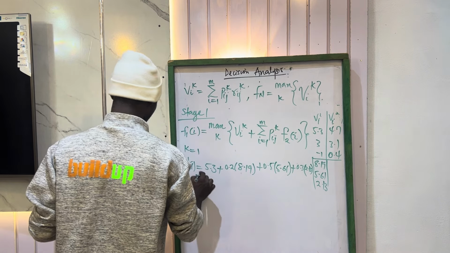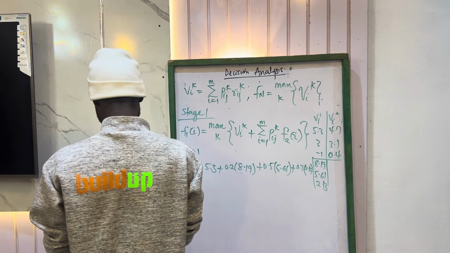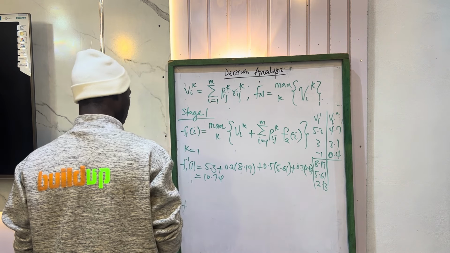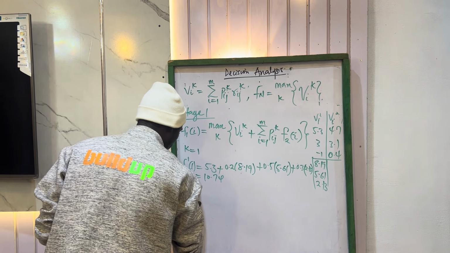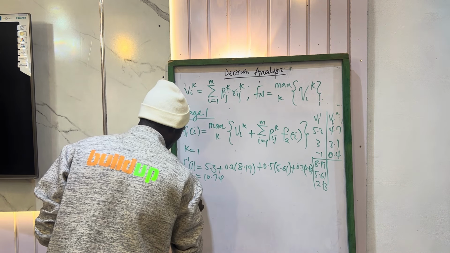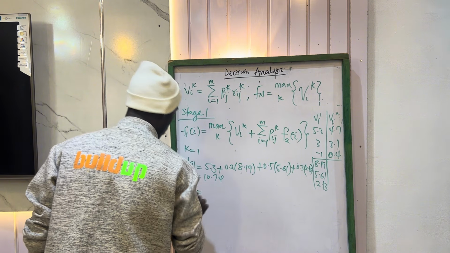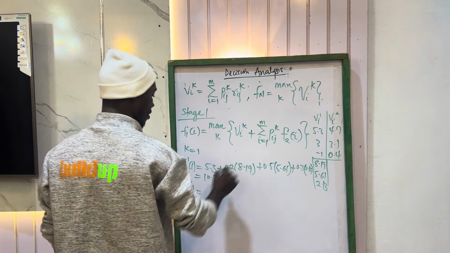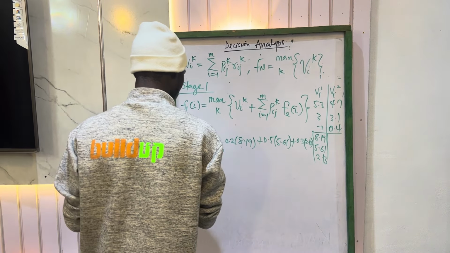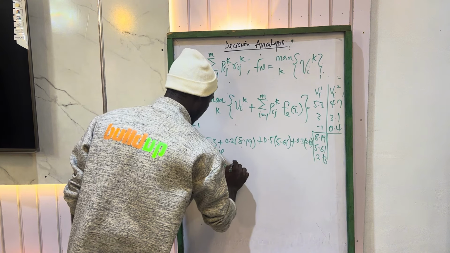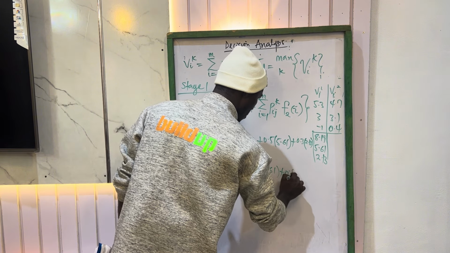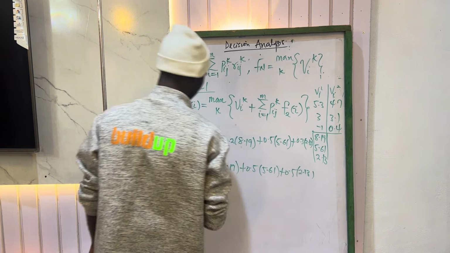2.13. So at the end of the day, when you sum this together, what you'll be getting is 10.74. Then for F1 1 of 2, which is going to give us 3 plus, the same probability again, 0 open bracket 8.19 plus 0.5 open bracket 5.61 plus 0.5 open bracket 2.13.